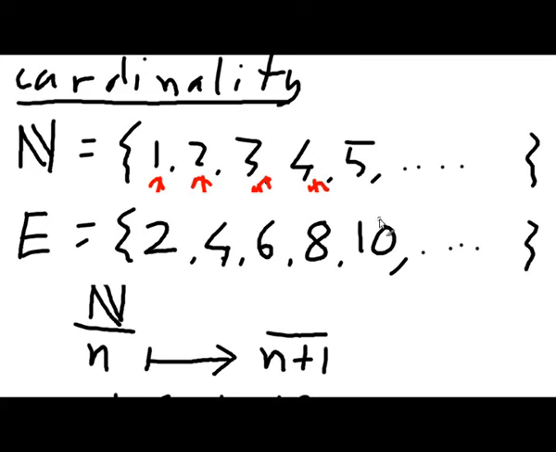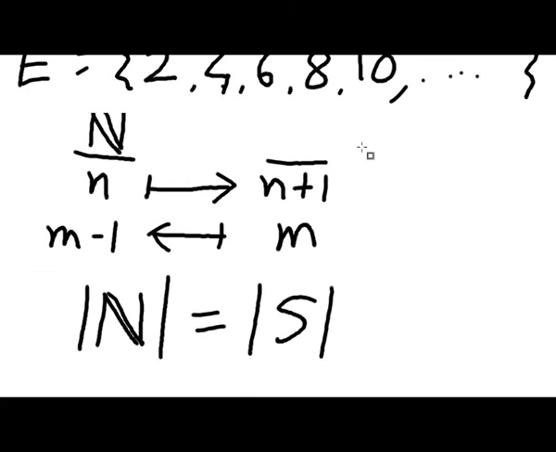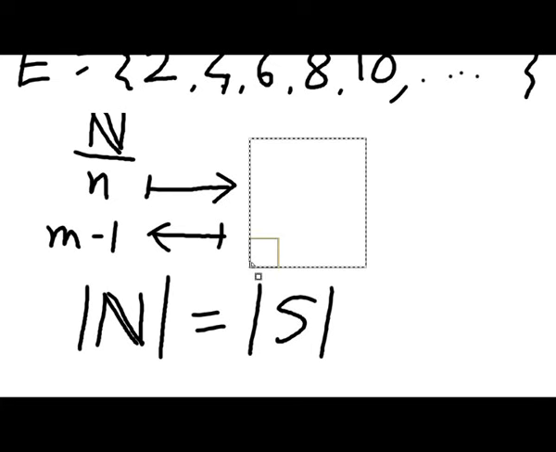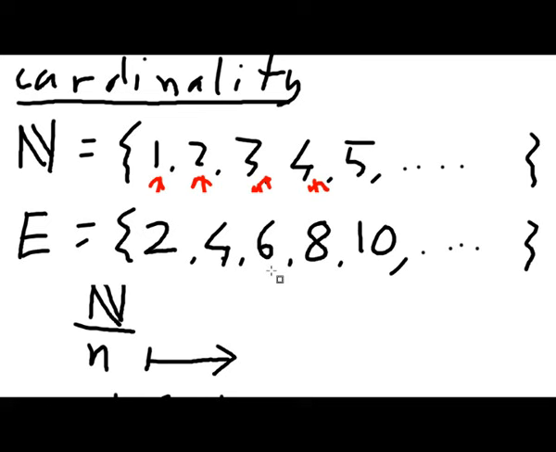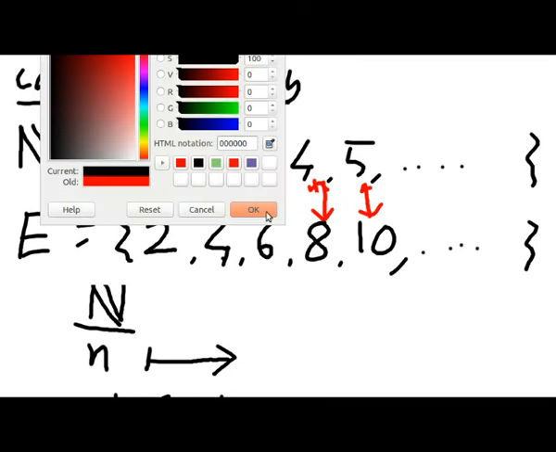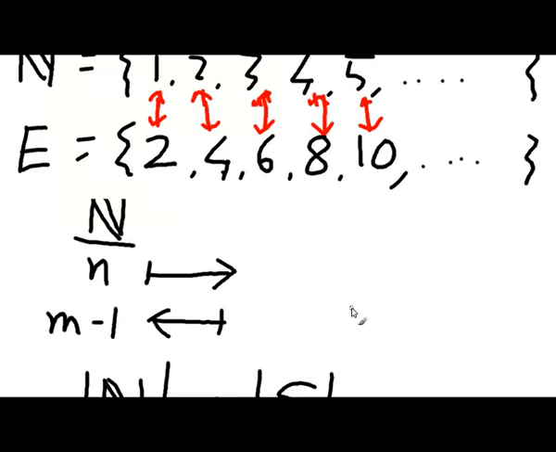And once again, let me erase this older stuff here, one can establish a one-to-one correspondence between the elements of the natural numbers and the set E. The way to do that is to pair up 1 in the natural numbers with 2 in the set of even natural numbers, 2 with 4, 3 with 6, 4 with 8, 5 with 10, and so on. If we once again try to write down the exact equations for this pairing, how does it work?